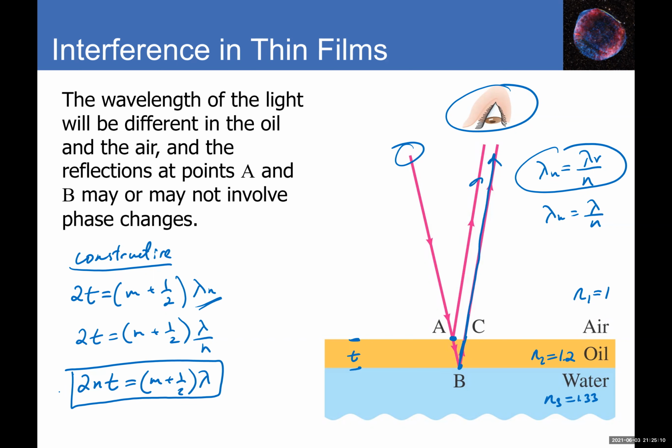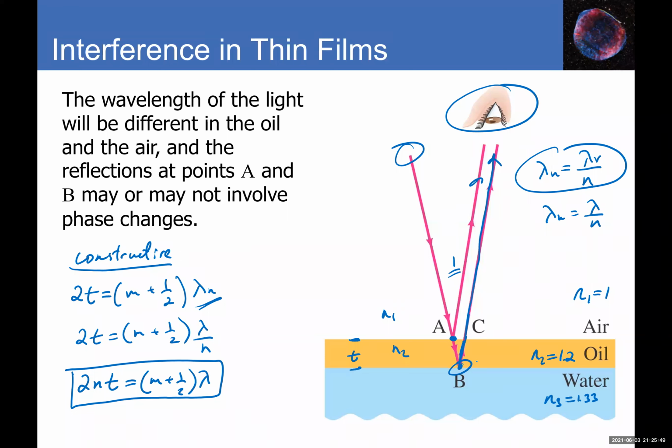One of the things we're going to talk about is the condition where light goes from a lower index of refraction to a higher index of refraction, and then it actually undergoes a phase change. The first ray, when it goes from N1 to N2, reflects off of the surface between N1 and N2. N1 is lower than N2, so ray 1 undergoes a 180-degree phase change.